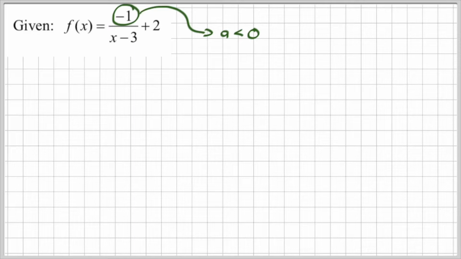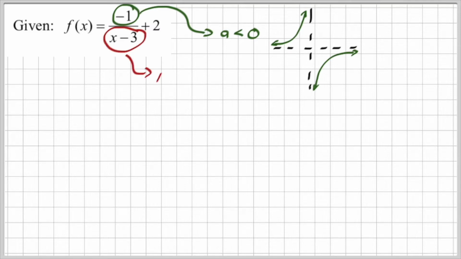And let me tell you something very crucial: before you answer any question in mathematics, go and analyze. Get as much information out of the question as you can. If a is smaller than 0, we know that the hyperbola will lie in the second and fourth quadrant.